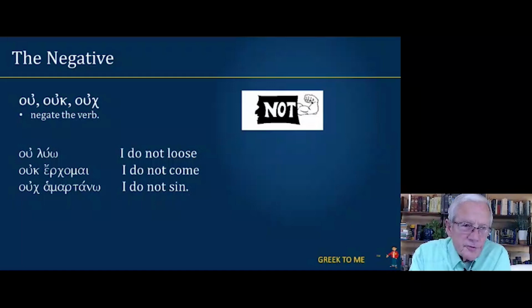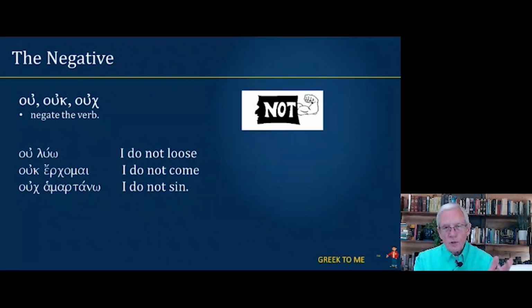Now, the reason for the changes is this. With luo, you notice luo starts off with a consonant, so you can pronounce that quickly. Ou luo. But notice with the next word, erchomai, it starts off with a vowel, so that's why the kappa is stuck in there. Ouk erchomai. You can pronounce it quickly. And the final one there is hamartano. Now, we have the letter chi here because the chi has the H sound, doesn't it?